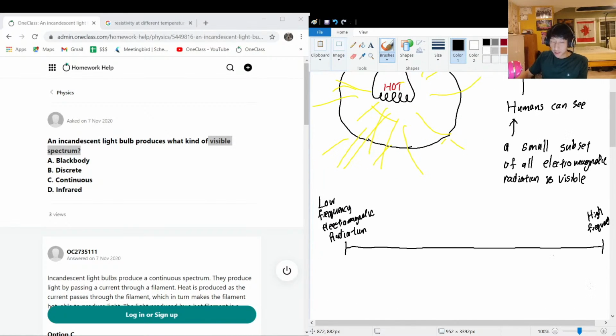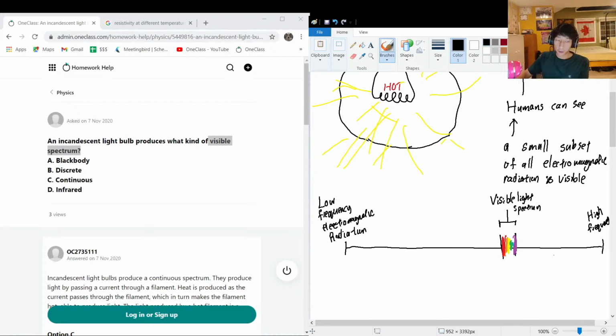Visible light would just be like a little area like this. So this is just the visible light spectrum. Not visible. And it follows the rainbow. So first is going to be red, orange, yellow, green, blue, purple, magenta. Okay, so that's kind of what it is.